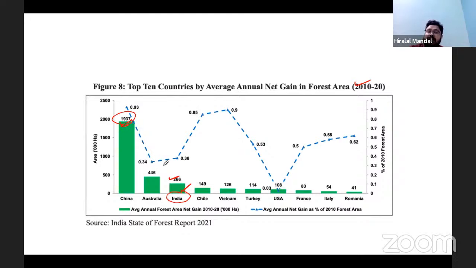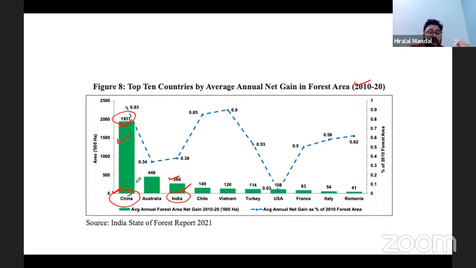So 2 million hectares of forest has increased in China. That is remarkable, and that is where it is suggested that China is doing reasonably well in terms of climate change.